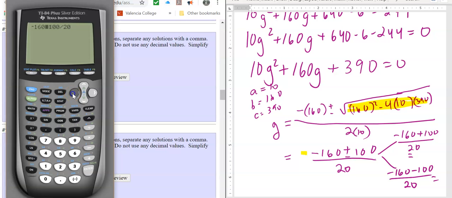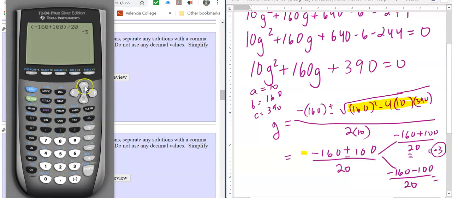So if you're going to use this method, make sure you put parentheses around the numerator. Okay, now it knows that it's entire numerator divided by 20, and you hit enter and you'll say negative 3. That's the same answer we got earlier, isn't it?